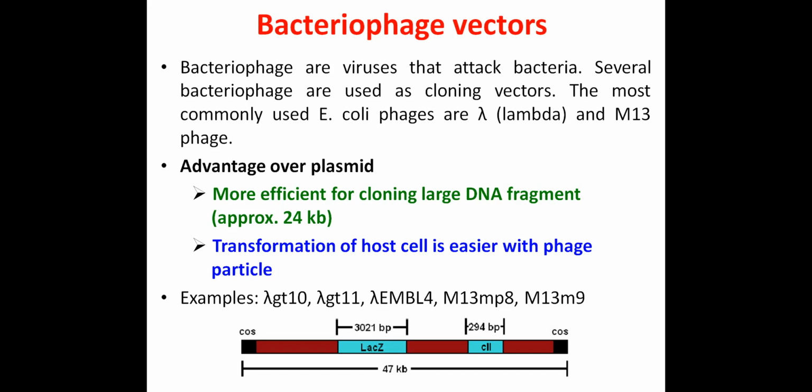Means it multiplies itself by exploiting the host cell replication machinery. So a virus has a very good, very established mechanism that helps in the insertion of the viral genome into the host cell genome.